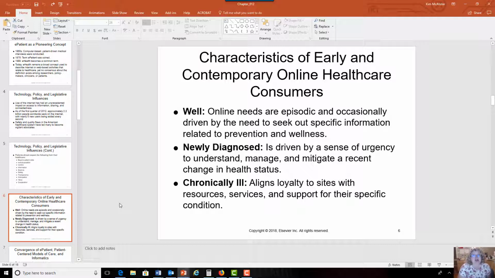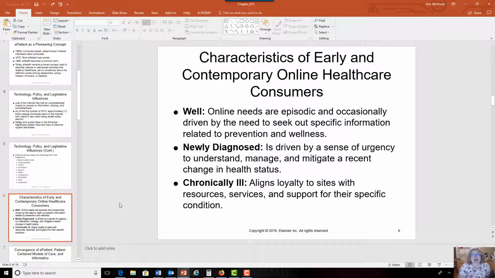So we need to be sure that whatever we are providing gives a strong set of prevention and health maintenance information for patients. Also, the newly diagnosed, these are patients that will come into eHealth and try to get information to understand and figure out what's going on with me. How bad is this? How much do I need to listen to my healthcare team? And this is about 5% of the users.